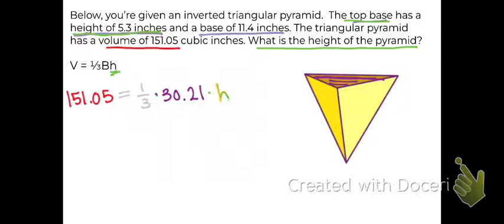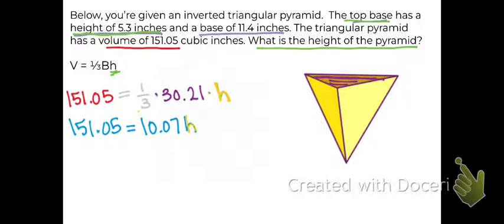Now if we want to get H by itself, before we start moving things around, let's simplify the left side first. Let's multiply 30.21 times 1/3, and we get 10.07. Now what do we do to solve for H?